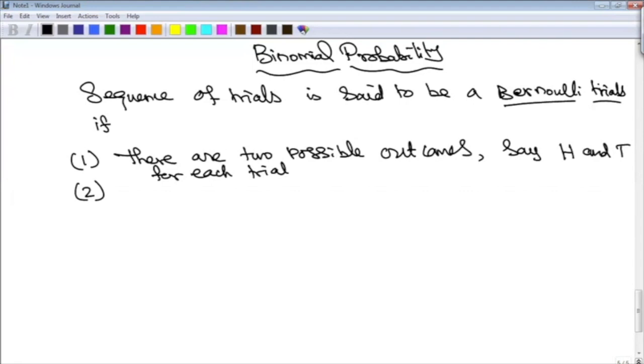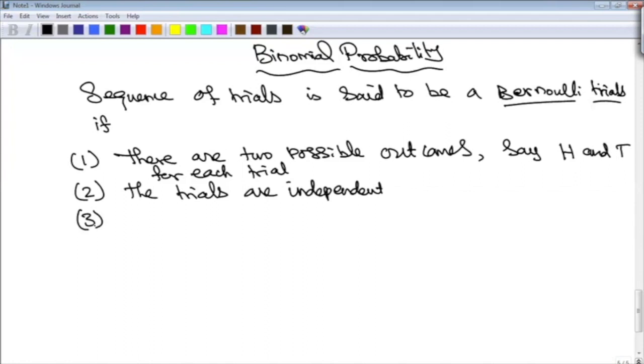The trials are independent. It means the outcome of one trial doesn't affect the outcome of the other trials. So that is the meaning.